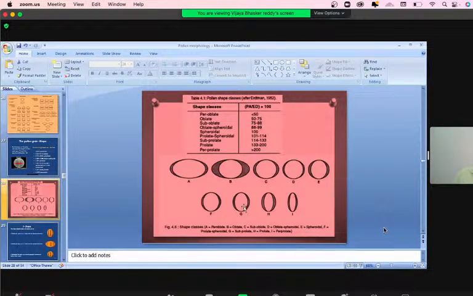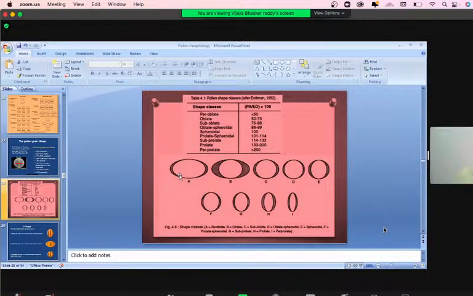Here you see the polar axis length is more, whereas here the equatorial axis length is more. If the equatorial axis length is more, the shape comes under oblate. If the polar axis length is more, that comes under prolate.